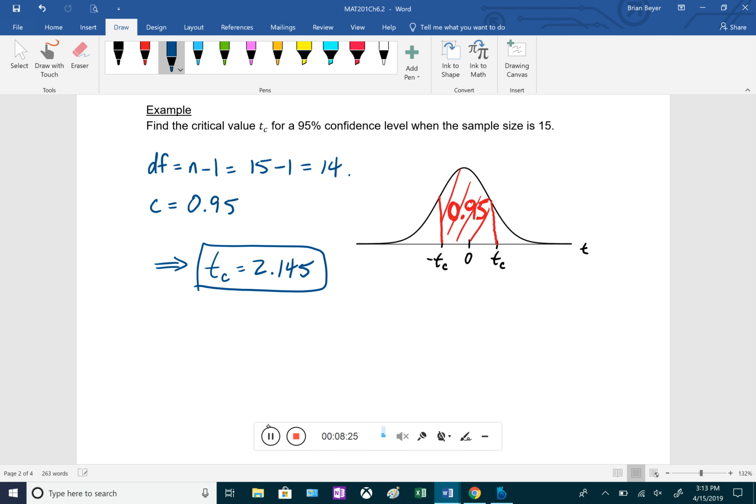Okay, so that was from the table. That means for a T distribution with the degrees of freedom equaling 14, 95% of the area under the curve is between negative 2.145 and positive 2.145.